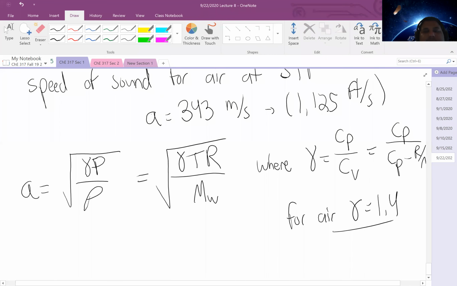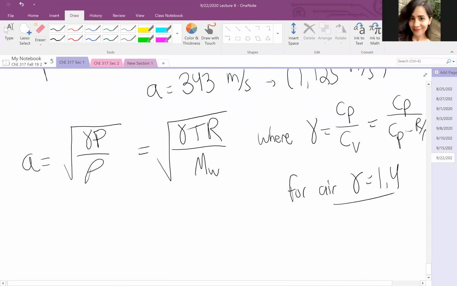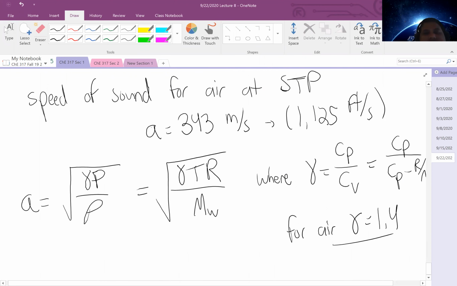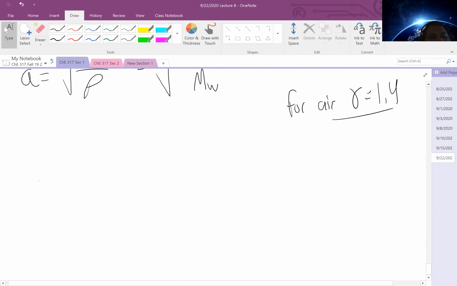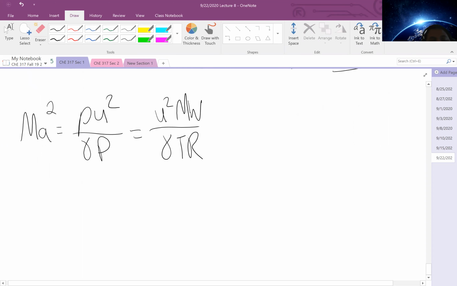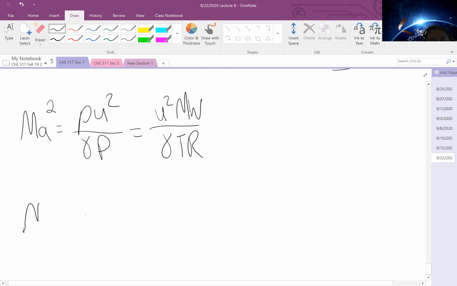So with this in mind, and combining our expressions for the speed of sound a with our generic comparison of Mach number, we can say the Mach number can be calculated as rho u squared over gamma times P equals u squared times molecular weight over gamma TR, or if you don't want to have to deal with the squares, you can just handle a square root.